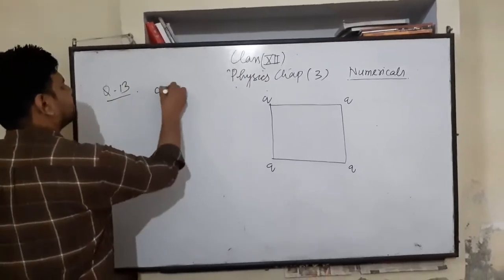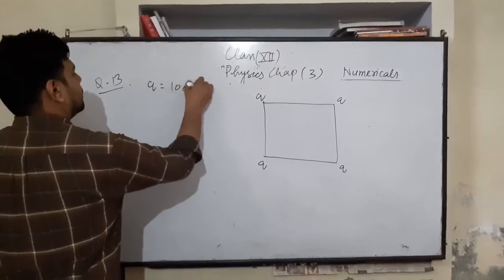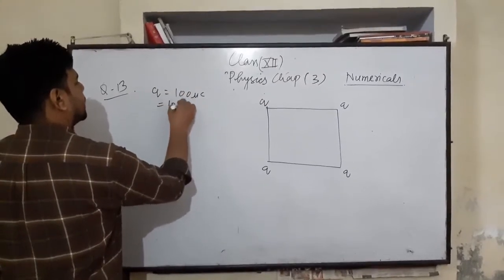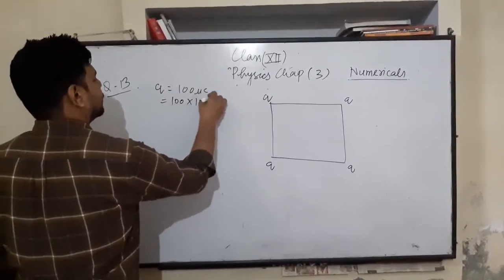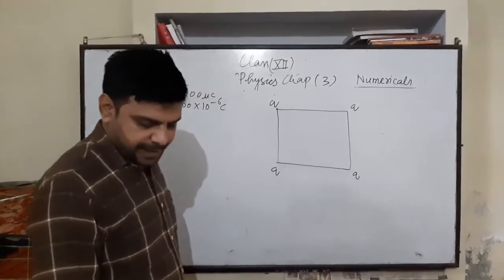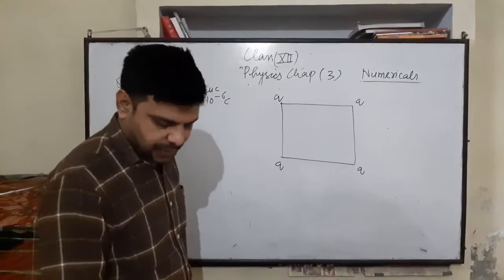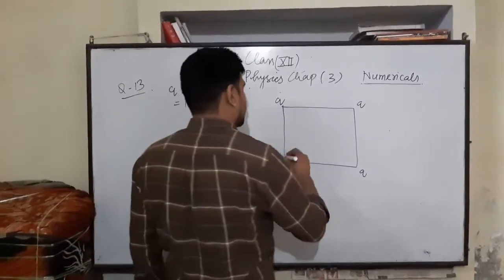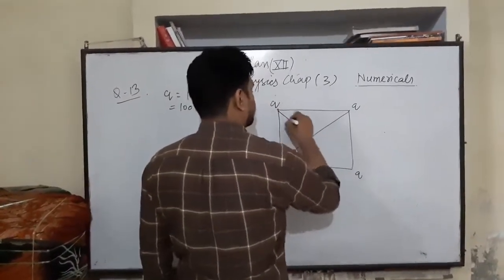The value of Q is 100 microcoulomb, 100 into 10 to the power minus 6 coulomb. We have to find the potential at the center of the square. Each diagonal is 2 meters.